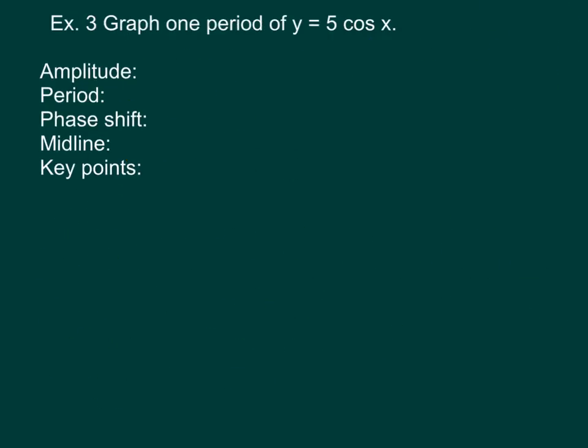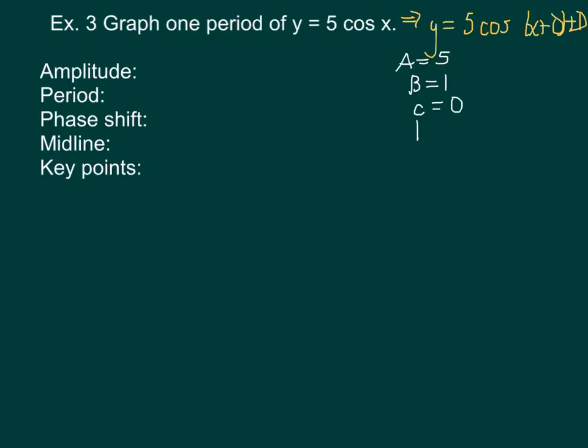Example 3, we don't have anything to factor, but I am going to rewrite this. You can be minus or plus 0, it doesn't matter. So now a is 5, b is 1. Remember, b can never be 0.